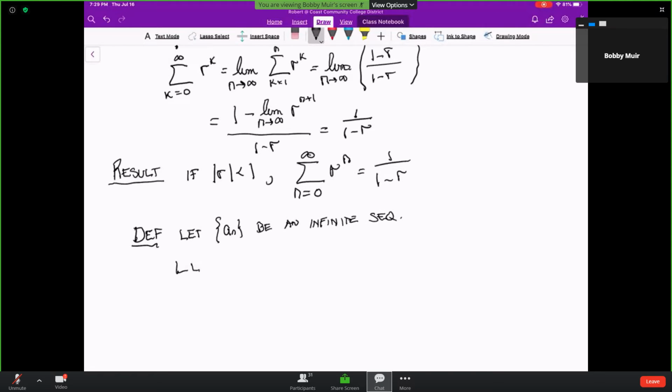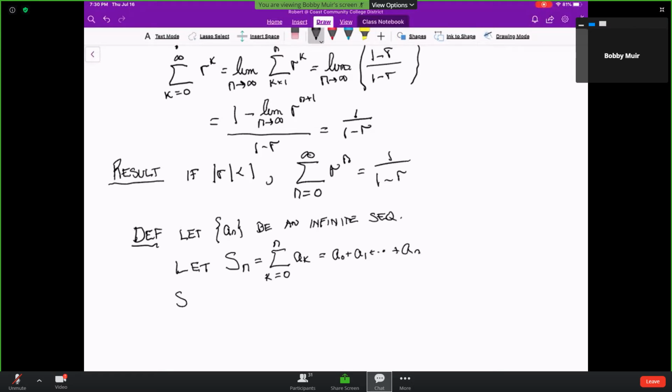We will let capital S sub n be the sum for k equaling 0 up to n of the a_k. So what that is, it's a_0 plus a_1 all the way up to a_n.